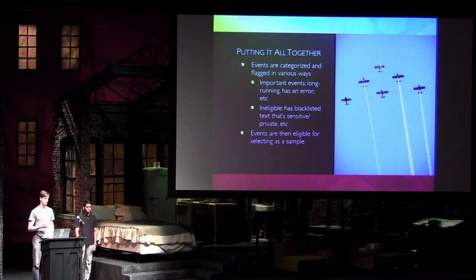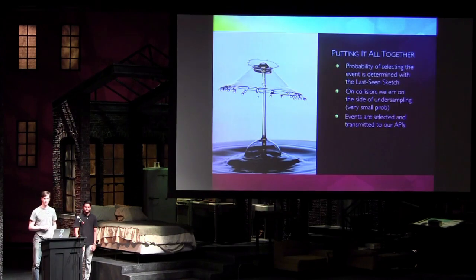So given that, if it's eligible and the potential bias, then we look in our sketch, try to find the last timestamp that we likely saw this category of query or event, and compute from that a probability which we compare against a random number generator to determine whether we should select that sample or not. So the combination of all of these things put together gives us very nice representative sampling, and it achieves our goals with regards to biasing towards things that are more important and rate limiting things, both individually per category as well as global rate limiting.